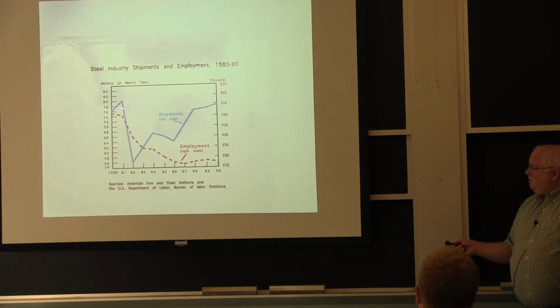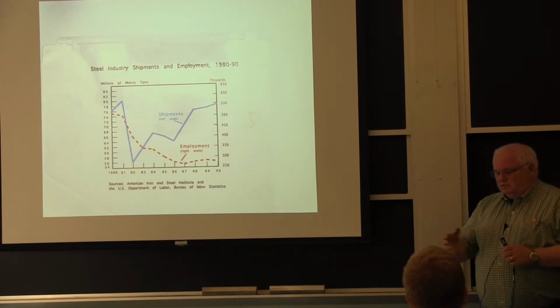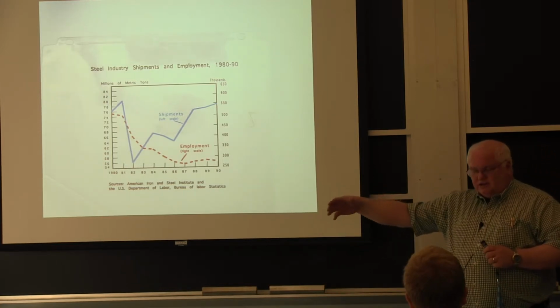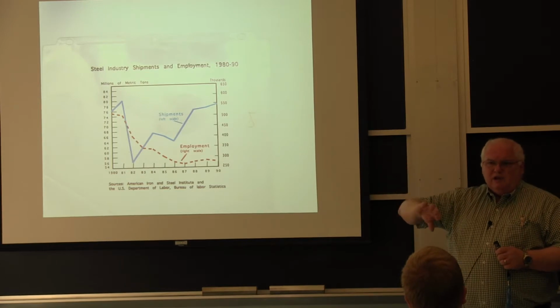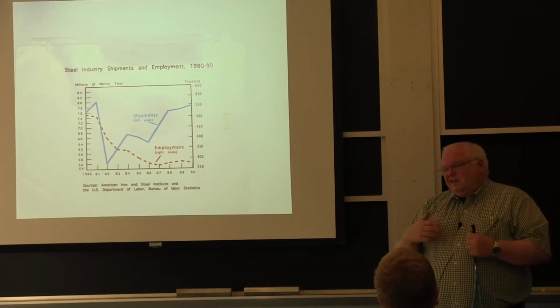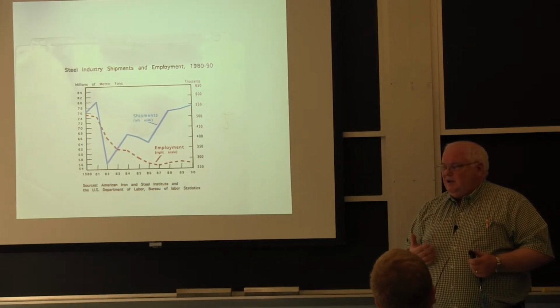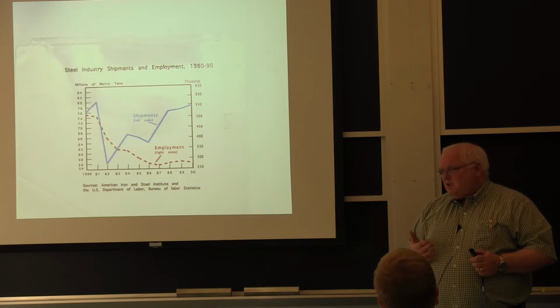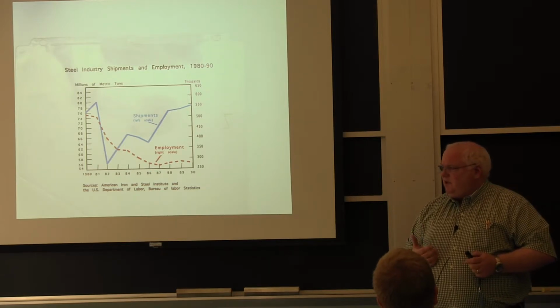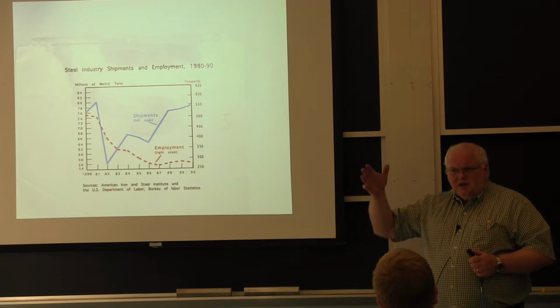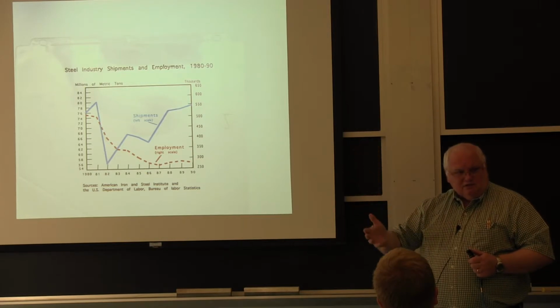There were also some big changes in the industry. They used to make steel, and you'll find this when I talk about casting, by pouring it into an ingot mold. And then in the 1960s, some people, Voest-Alpine I think it was, in Austria, decided to see if they could continuously cast steel.